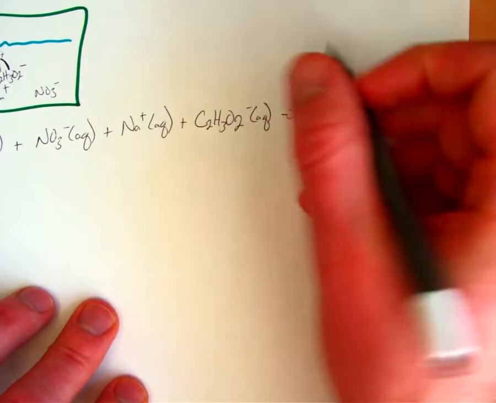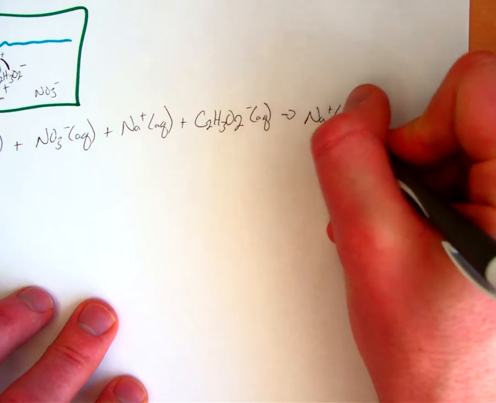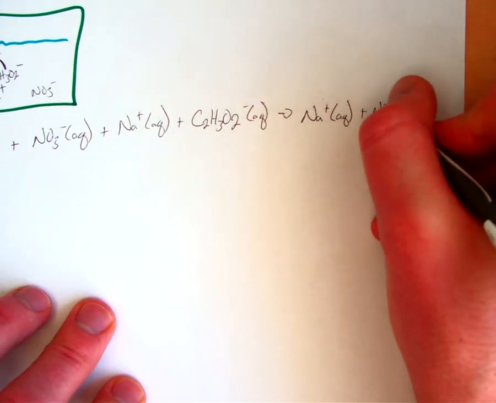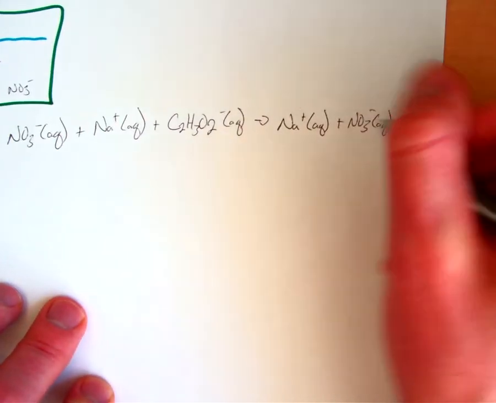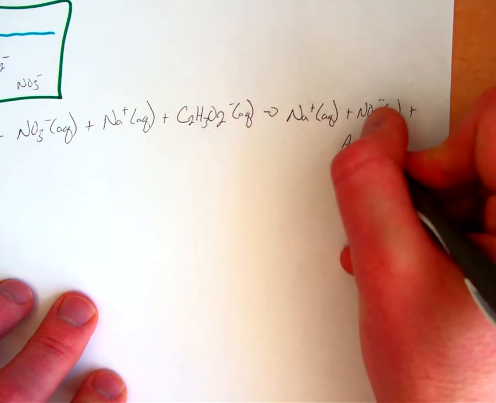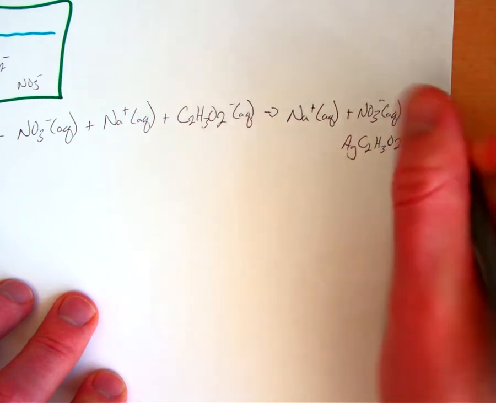And we're going to form our sodium and nitrate, which are not too interested in one another, plus NO3, also aqueous, plus our insoluble salt, moderately insoluble, AgC2H3O2, and that will be our solid.